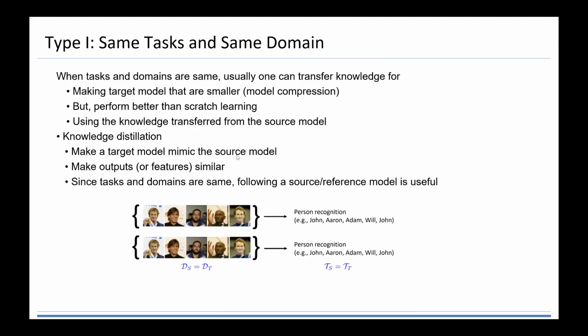So for example, we have the same task and the same domain. When the task and domain are the same, usually one can transfer knowledge to make the target model smaller, or we call it model compression, but perform better than scratch learning.